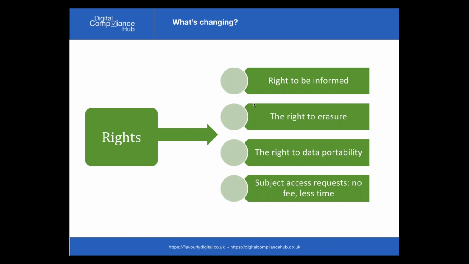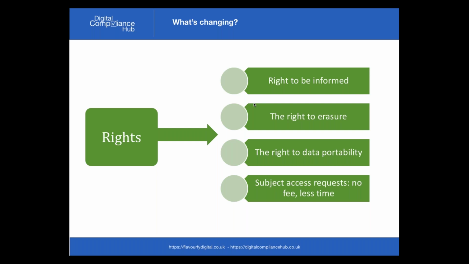So if you are in an organisation that has to deal with lots of subject access requests, expect them to go up because the freeness will probably encourage more people to do it, and some research recently suggested that's probably going to be the case. But also, if you did have lots and you used the £10 plus VAT as an effective barrier to cut down on the numbers, that barrier has been removed.